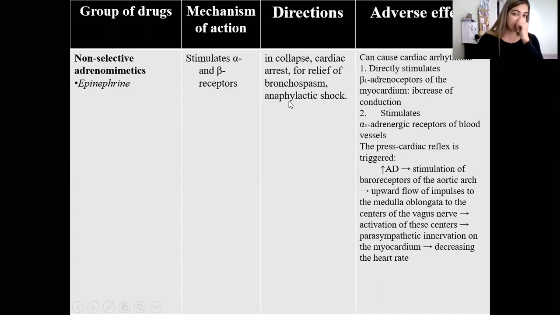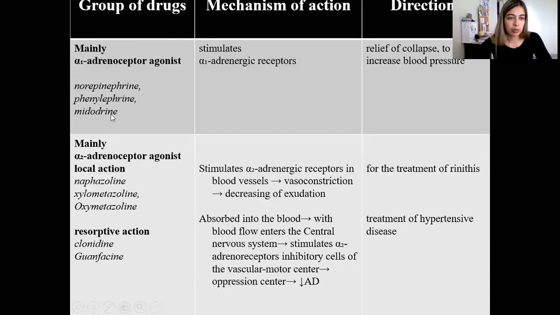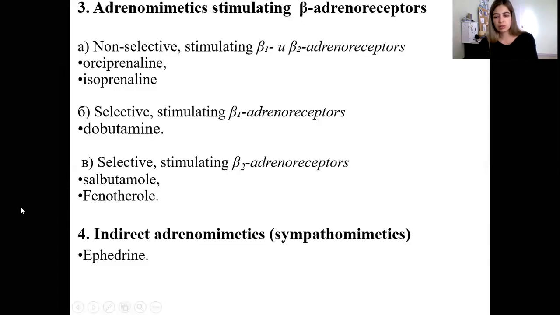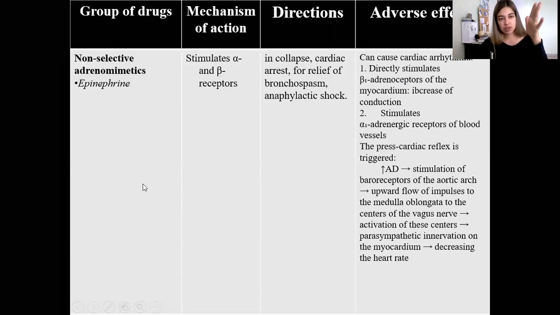If we are talking about vessels, it will be contraction of blood vessels, increased blood pressure, so it may be used in anaphylactic shock, and so on. But of course, it can cause some adverse effects, which are cardiac arrhythmia. Also, there can be a baroreceptor cardiac reflex, which can decrease the heart rate, and so on. So many different side effects. So please make a screenshot of them if you need it.